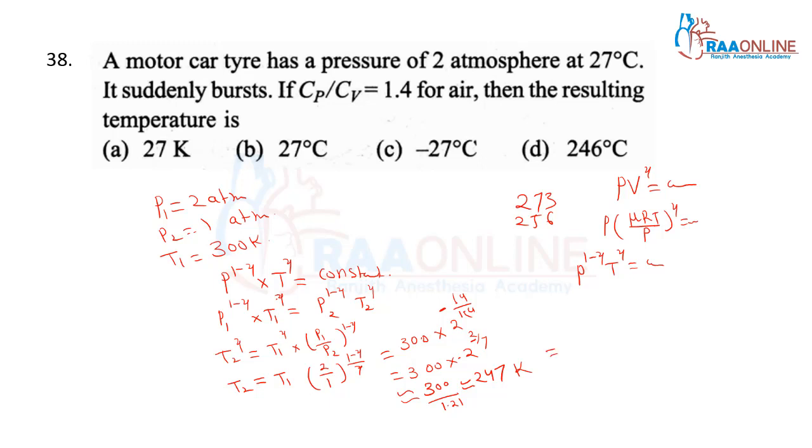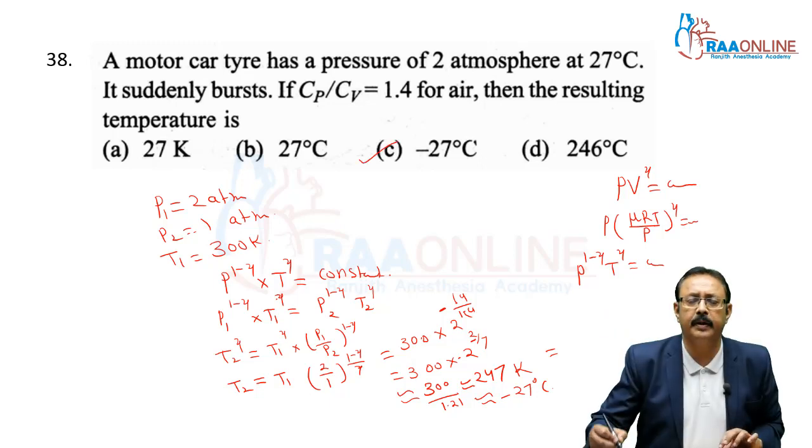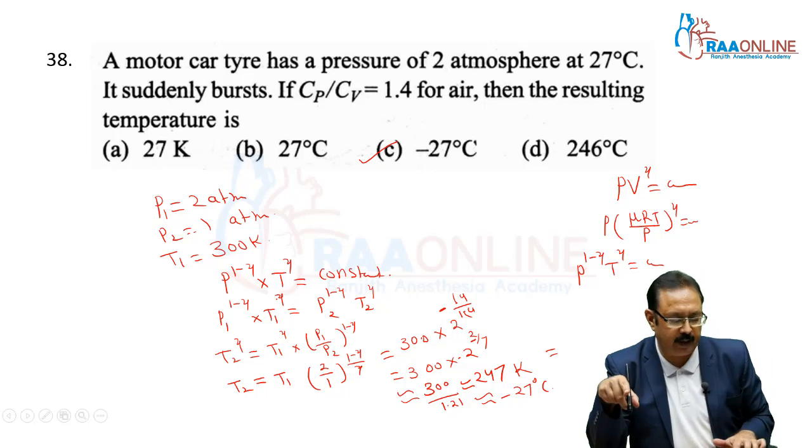It means when we convert to degree Celsius, 247 minus 273, nearly you will get minus 27 degrees Celsius. So we will go with option C. They are allowing simple calculators, we can calculate with the help of that.